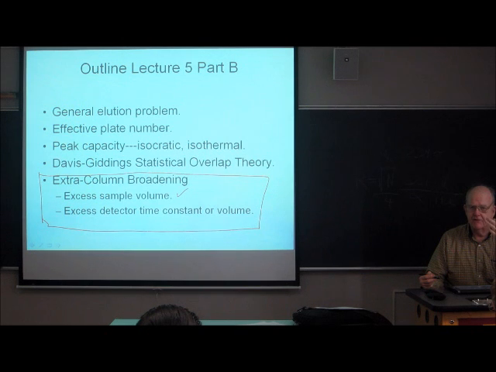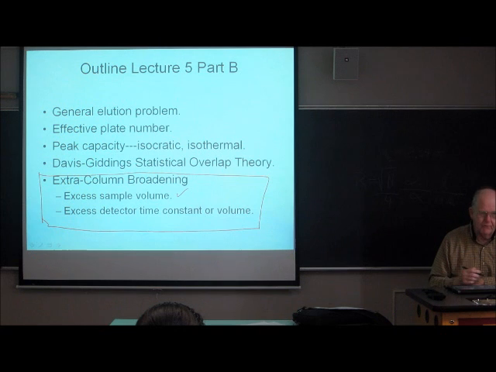And if you have a detector whose time constant, whose internal mechanism of operation is slow, or its internal volume is large compared to the volume that the peak really occupies as it comes off the column, or the width of the peak in time units as it comes off the column, you're going to get a broadened peak. And you need to be able to quantify that broadening.